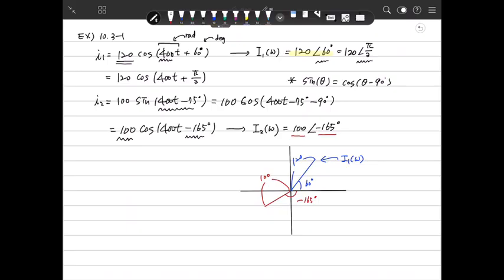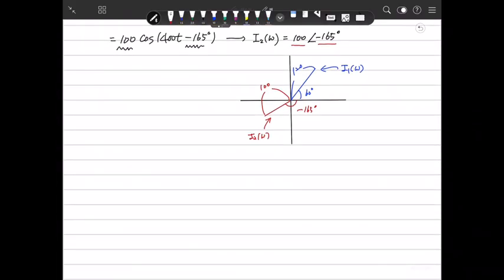So this is I2. This is a very useful tool to express voltage and current in the complex plane. We will discuss this later.